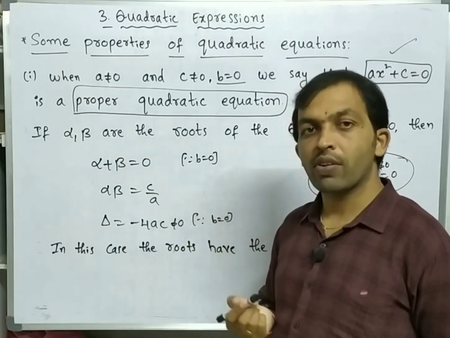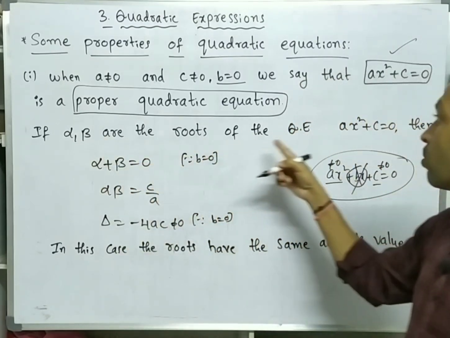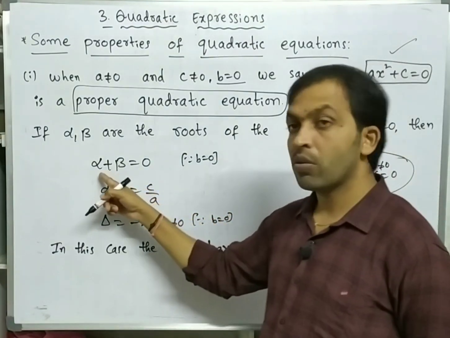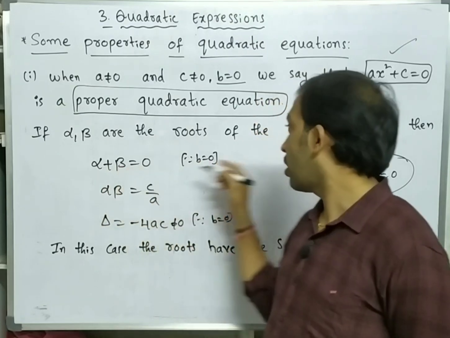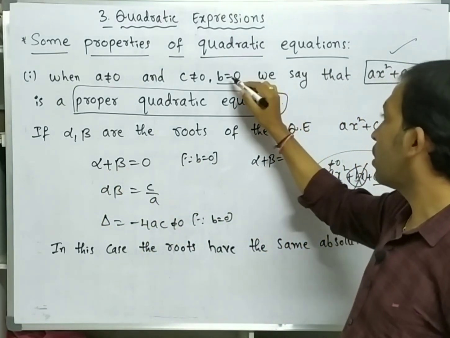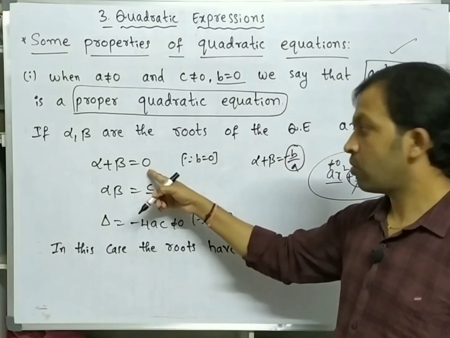This quadratic equation has two roots, alpha and beta. Then what is the sum of the roots? That is alpha plus beta is equal to minus b by a. As b is 0, this becomes 0 by a, so the value becomes 0.